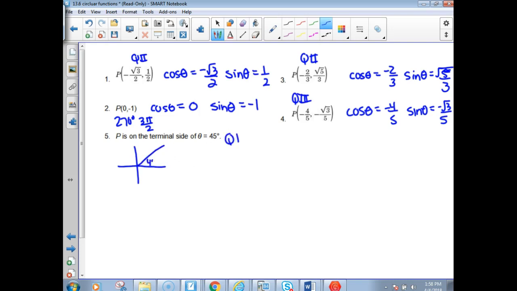If that's 45 degrees, you could use special right triangles to figure these out, unless you have them memorized already. The sine and the cosine are both, for 45, square root of 2 over 2. And I will refresh your memory on how to get that off special triangles. So, cosine 45, square root of 2 over 2. Sine 45, square root of 2 over 2.